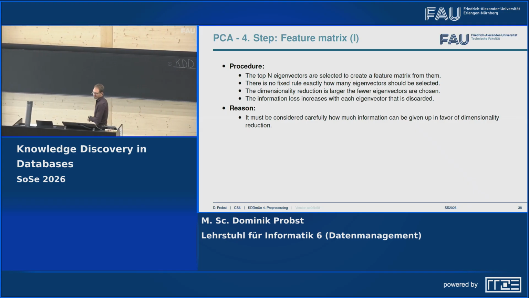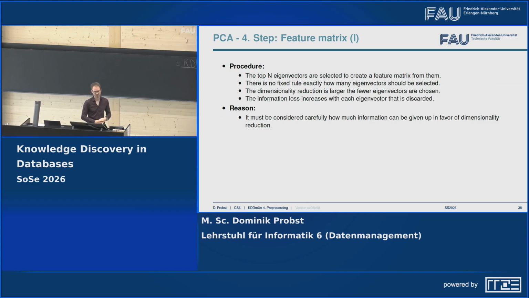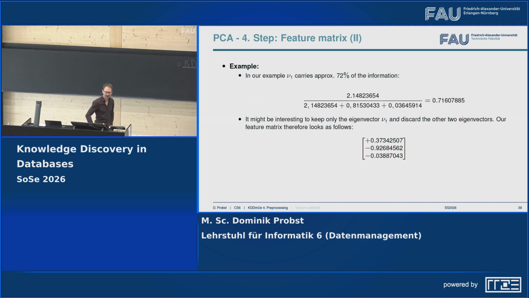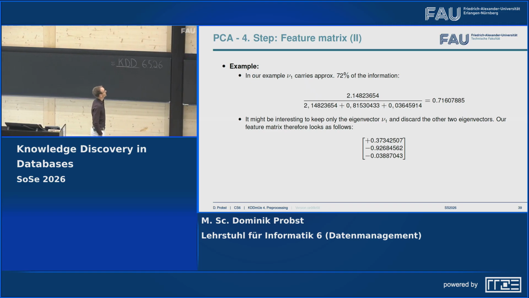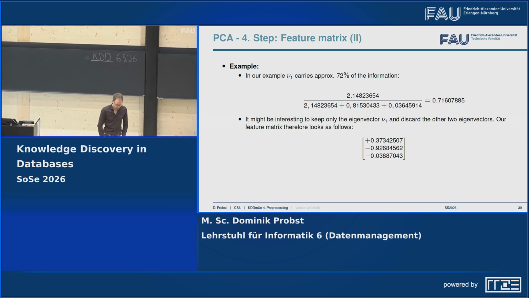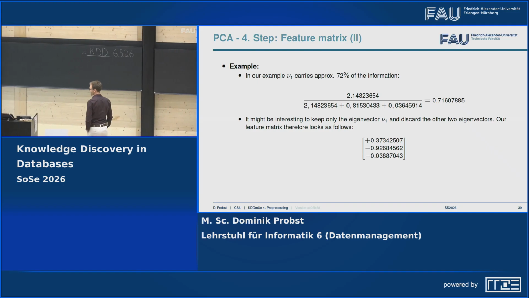It simply depends on how much information loss you're willing to take. And to estimate how much information you would lose, you can apply a rule of thumb by taking a look at the eigenvalues you have. It's not a 100% given value, but it's a good estimation.